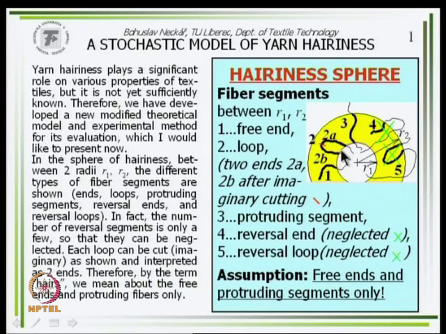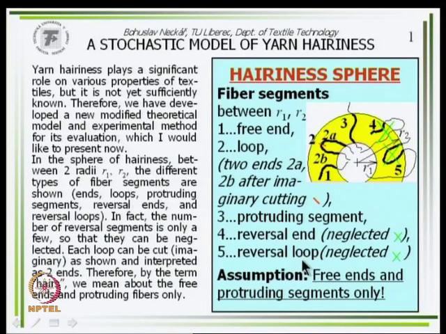Then fiber type 2, like some loop. Also fibers type 3, some protruding fiber segments. There are also fibers type 4 and 5 here. Fibers type 4 are reversal ends, and fibers type 5 are reversal loops.